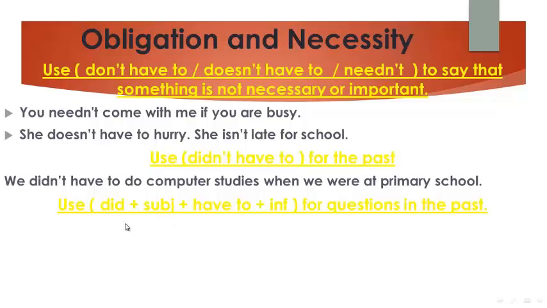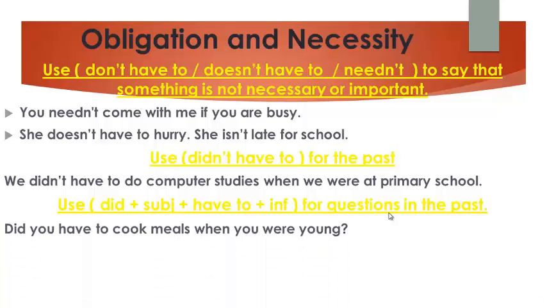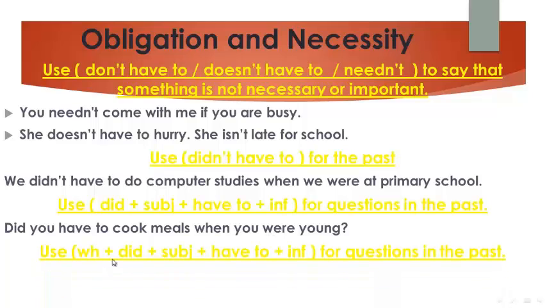Okay, let's see the examples. We use did plus subject plus have to plus infinitive for questions in the past. Did you have to cook meals when you were young? We use a WH question word like what, where, when, plus did, plus subject, plus have to, plus the infinitive for questions in the past.